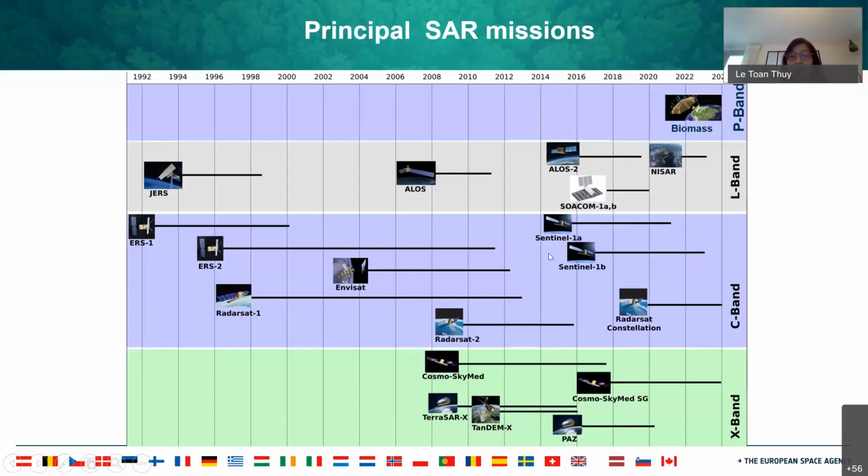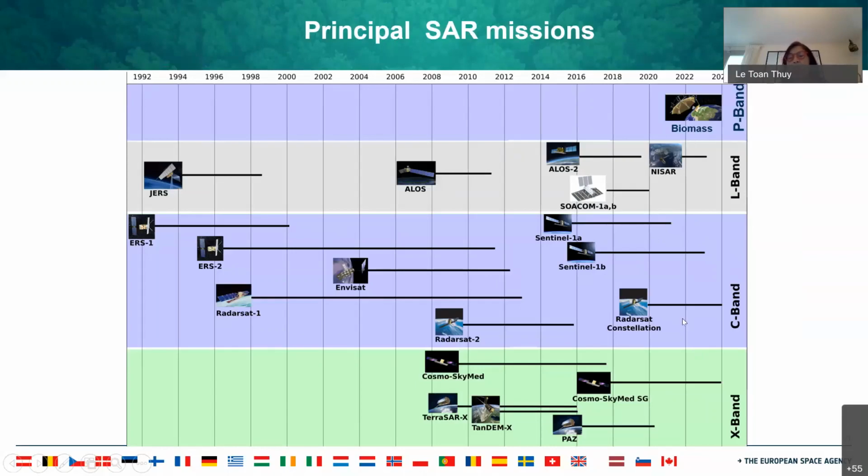In the future you will have NISAR, and maybe at the same time Biomass in 2023 at P-band. So with the Sentinel-1 next generation, we will have a lot of SAR in space at the same time.